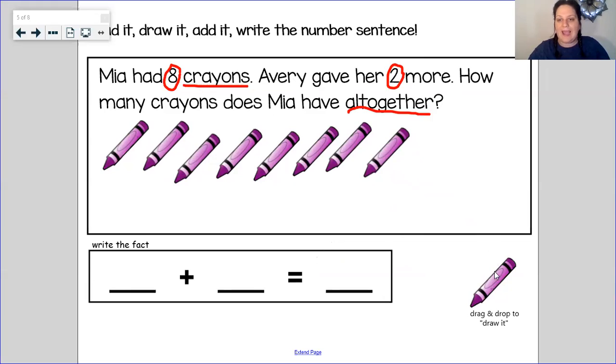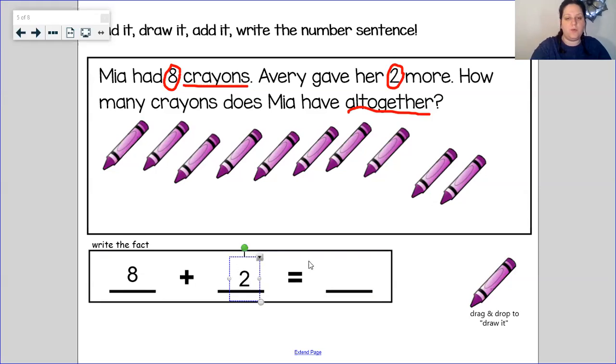So 2 more means we're going to add more of them. So we're going to do 1, 2. Now we'd like to know how many crayons Mia has all together now that her friend gave her 2 more. So all together is adding as well. So that means we're going to count all of these. So we know that we started out with 8, and then she was given 2 more.